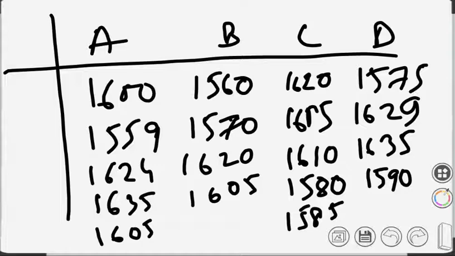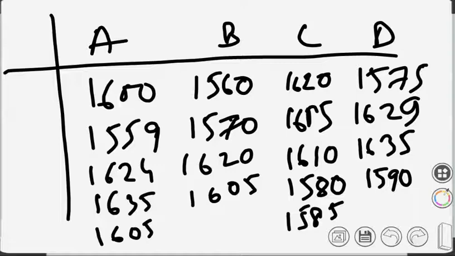So these are four different brands, like MRF, McLaren, and so on. So same kind of car tires have been chosen, and the life of the tires is tested under the same, similar kind of condition.